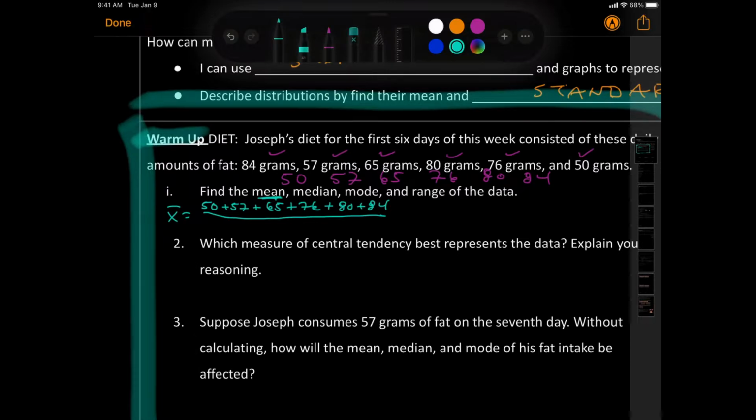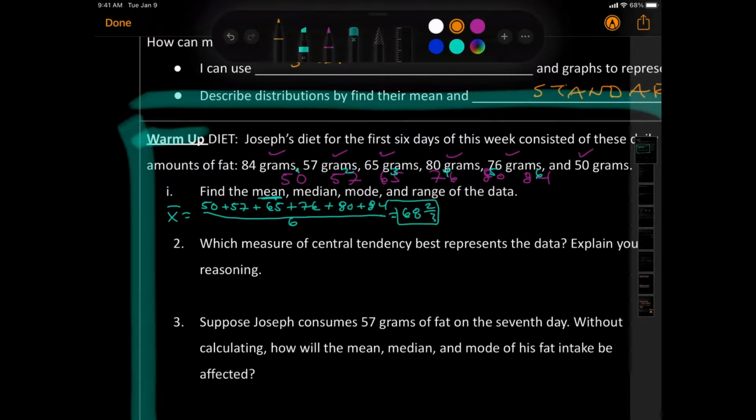And there is 1, 2, 3, 4, 5, 6 numbers. So basically, this would give us 68.67, or 68 2/3 is your mean.